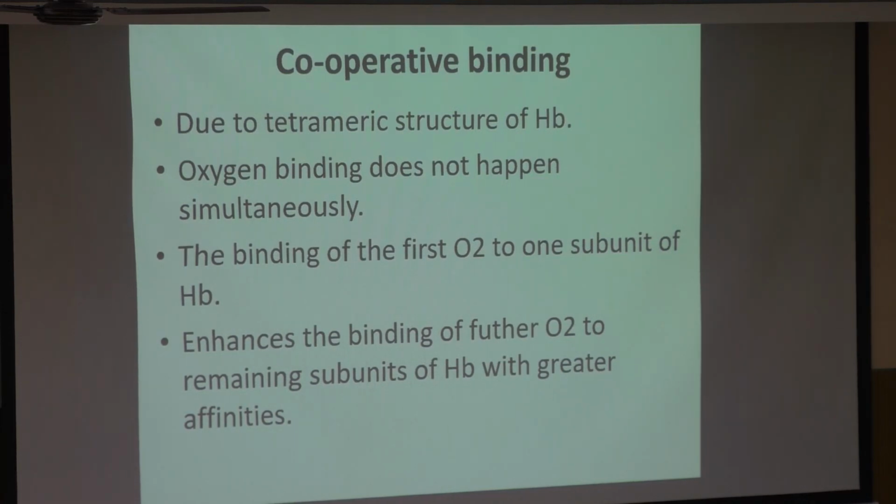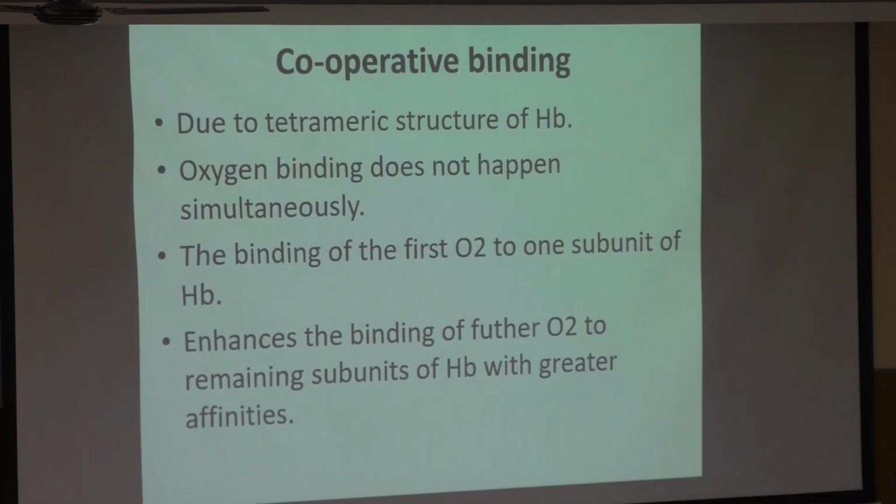Because of this binding, structural changes happen, and because of those changes the affinity of the other subunits, alpha 2, beta 1 and beta 2, is increased. That's why oxygen will bind tightly with the hemoglobin, and this all happens in the lungs.